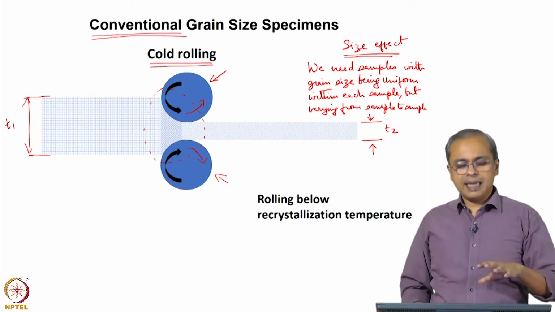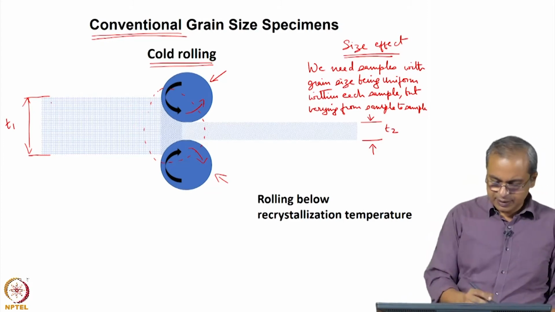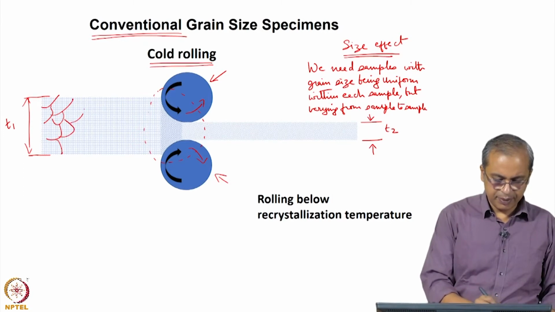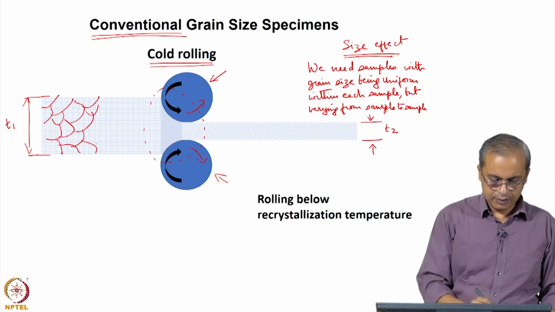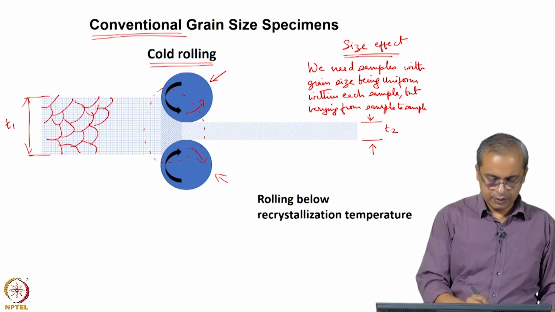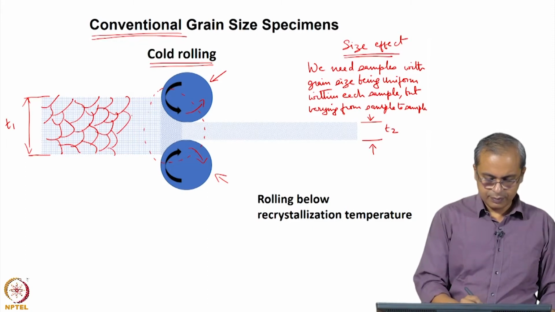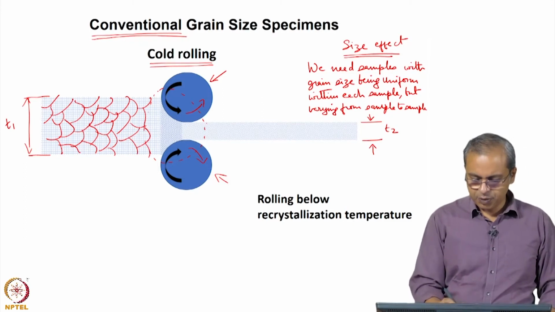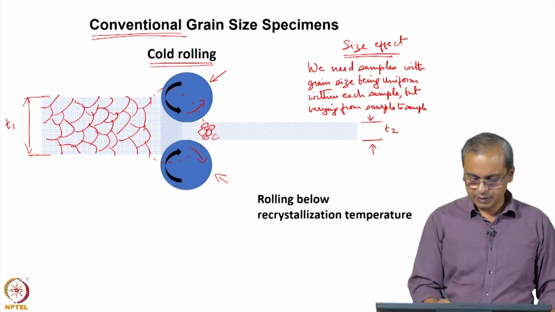Now, generally when this happens, what is coming in here, I have just put some schematic here, may be some large grain sized material. So, grains may be like that. And here you may have some small grain sized, distinctly smaller grain size.